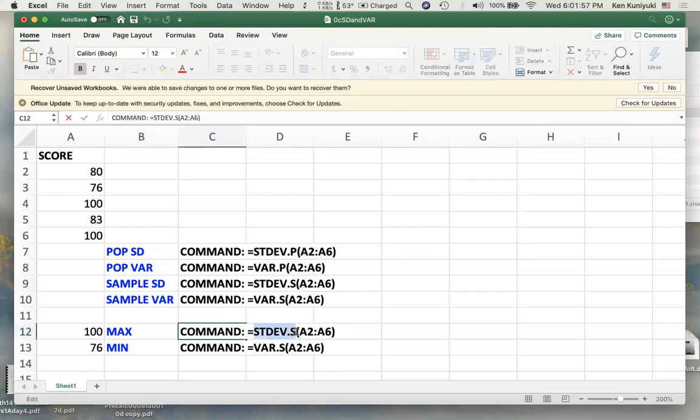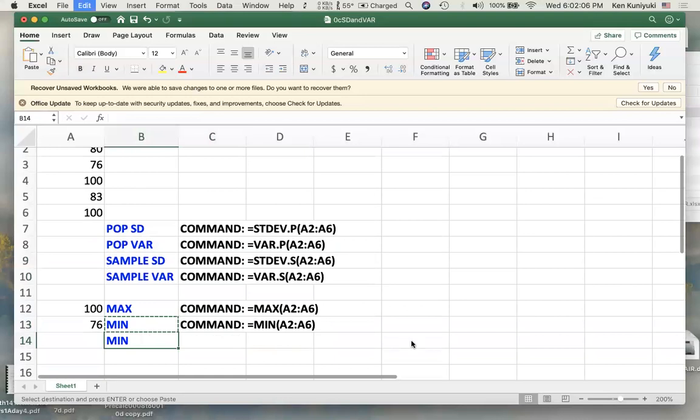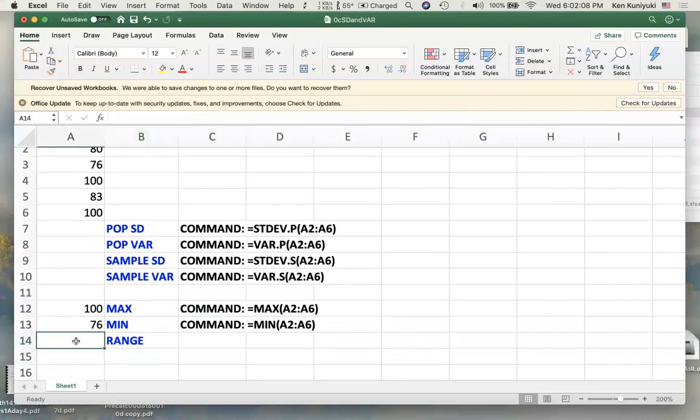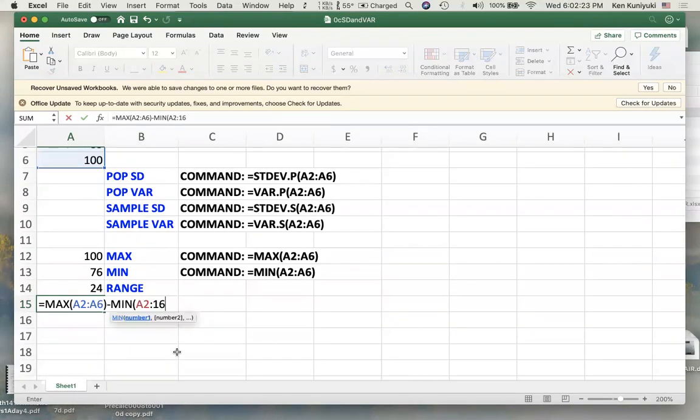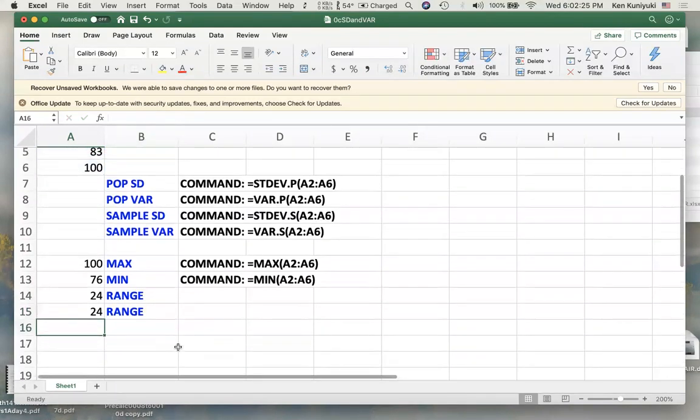The command here would be equals MAX, A2 colon A6. The command here would be equals MIN, A2 colon A6. And the range would be the difference, A12 minus A13. Or do it in one fell swoop: equals MAX, A2 colon A6, minus MIN, A2 colon A6. All right, 24 points.